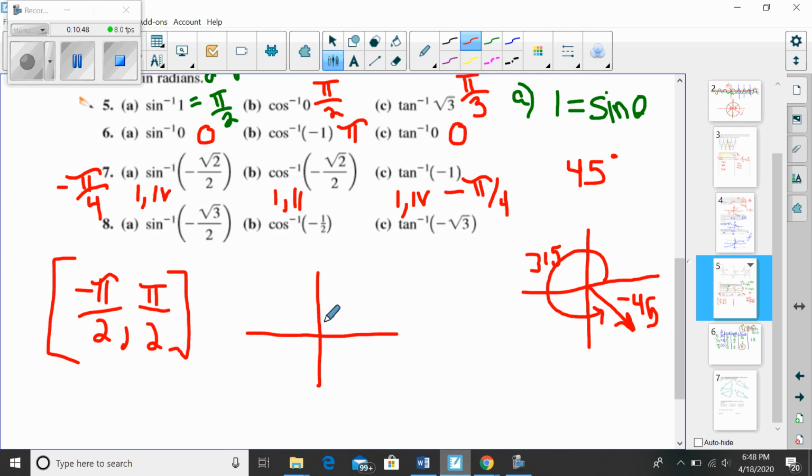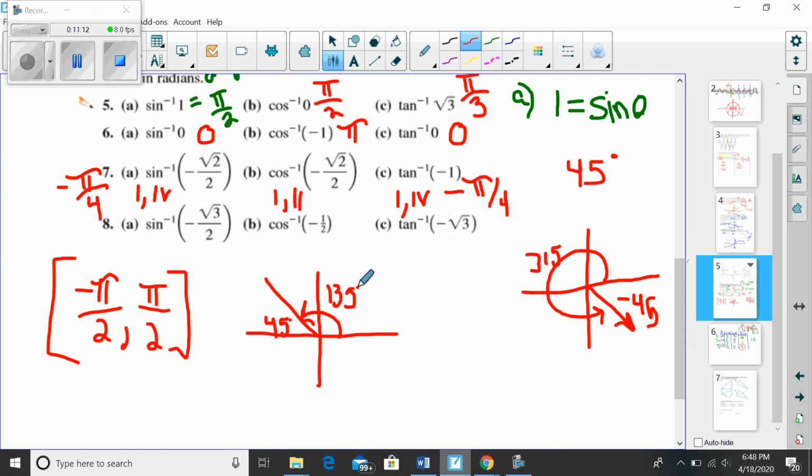So I need a second quadrant angle that has that 45-degree reference angle. Okay, so what is this angle here? Okay, and so I would do 180 minus 45 to get 135 degrees.